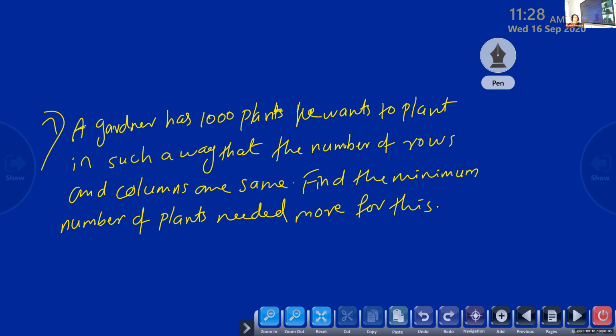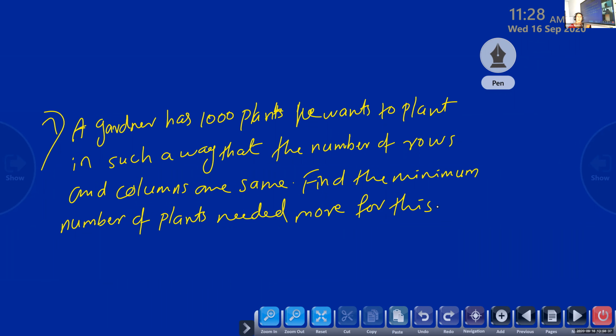A gardener has 1,000 plants. He wants to plant it in rows and columns such that number of rows is equal to number of columns. That much okay. Our question is, how many more plants he needed to do this? Why he needs some more plants? Because 1,000 is not a perfect square number.